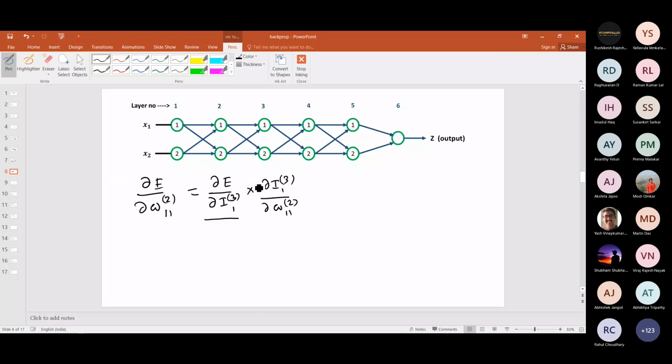Now look at this, what it is. Basically this particular node I am considering, right? So the input to this particular node. In order to compute this one, I need to compute the derivative of this particular node also, this node and this node.